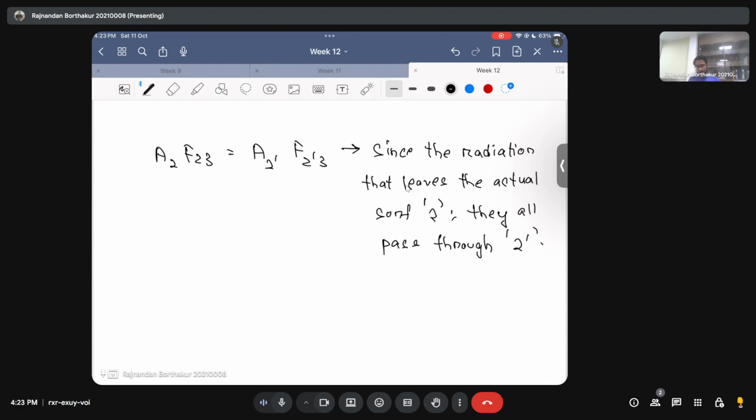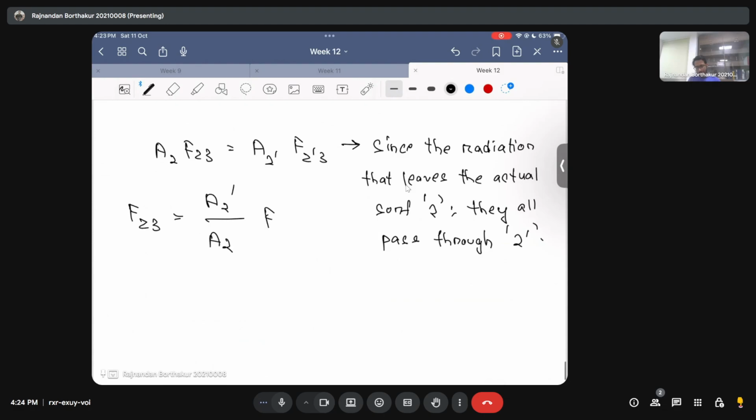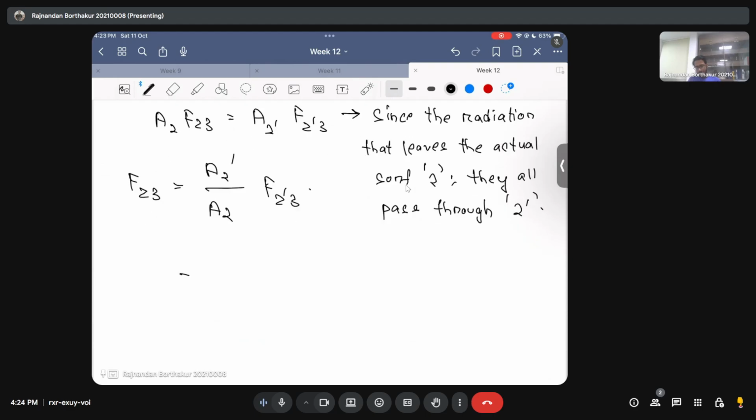Which now means I can then calculate the actual F23 as the area of the fixed shear surface by the area of the actual surface times F2 prime 3. And we know that the area of the fixed shear surface is going to be 10, and the area of the actual surface is going to be 15. That's given to us. And then F2 prime 3 is 0.61, which we already calculated.